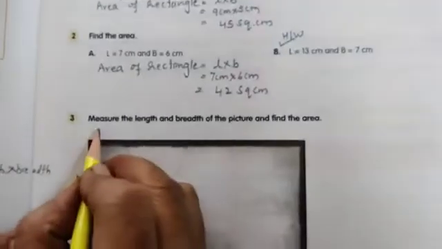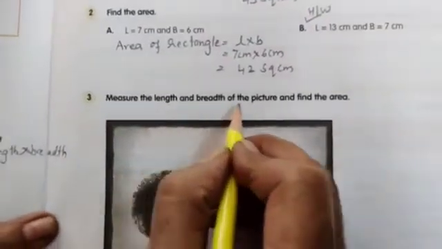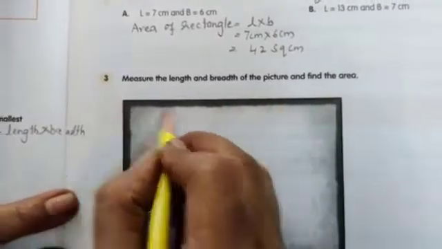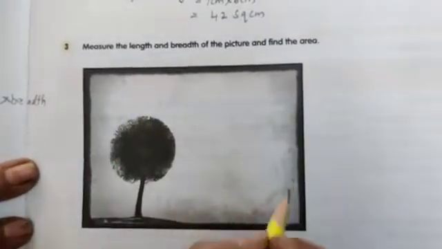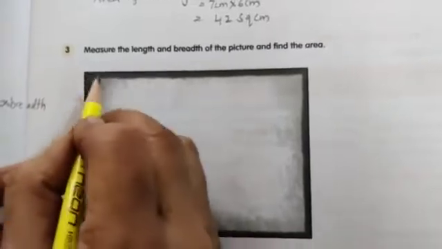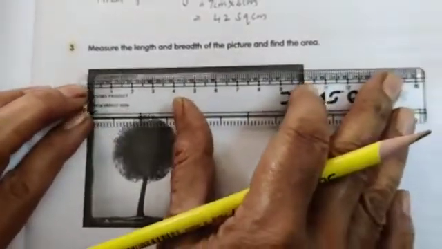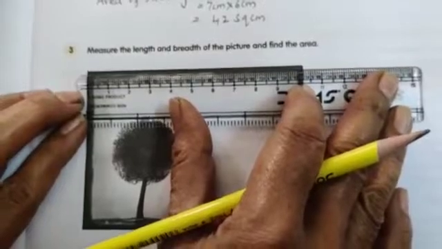Third question, measure the length and breadth of the picture and find the area. Children, here rectangular shape. This is which shape, children? This is a rectangular shape. You have to measure length and breadth and find the area of the picture. So exact you keep here 0, children.